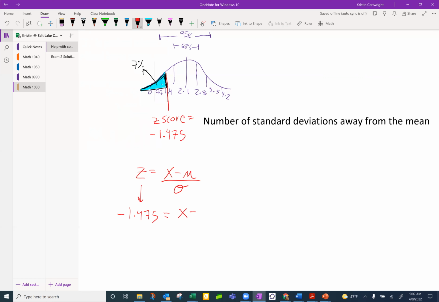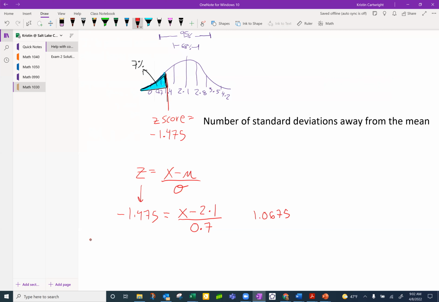I subtract the mean, mu, of 2.1, which is given in the problem, and divide by the standard deviation, which is 0.7. When we do this and solve for x, we should get an x value of about 1.0675.